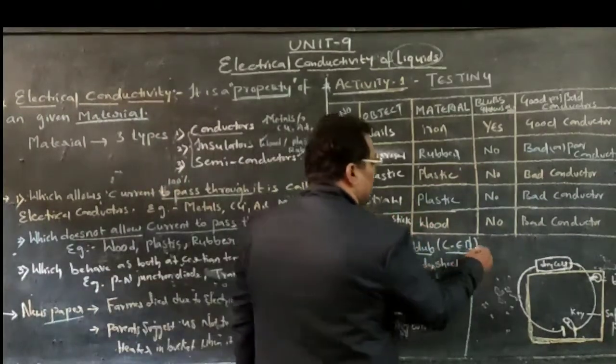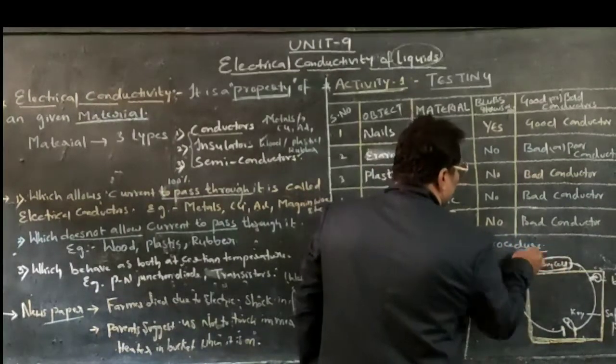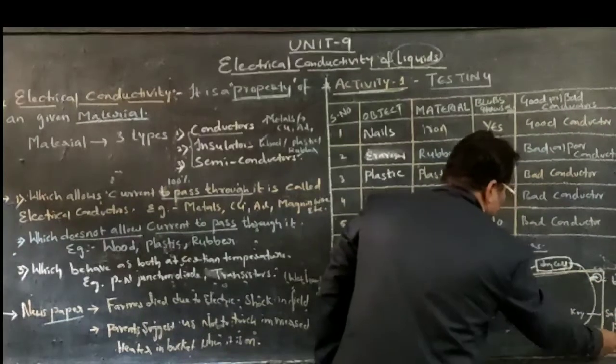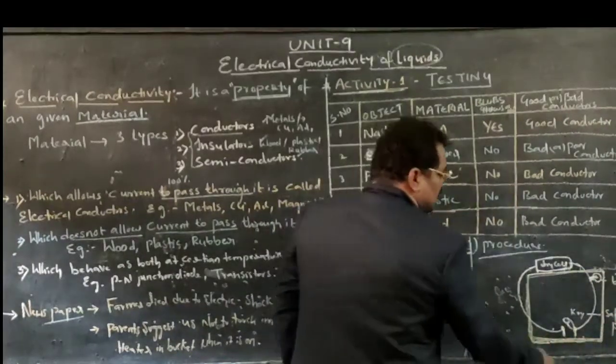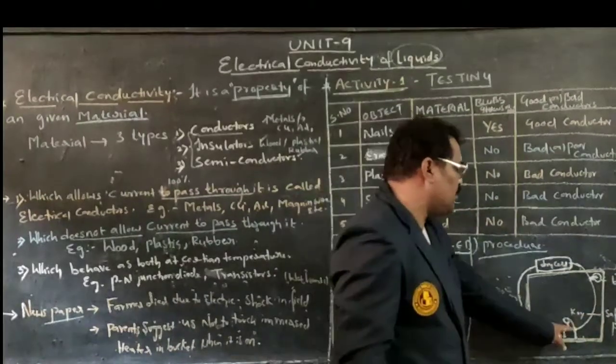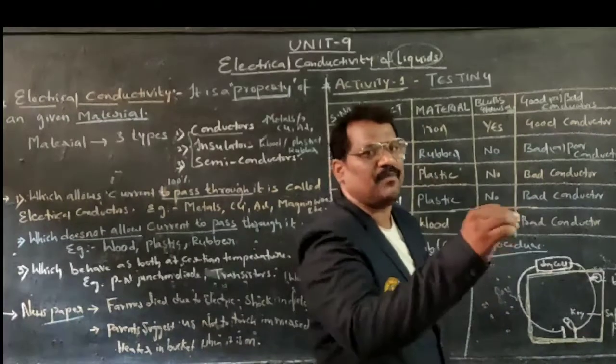First of all, before going to that, I will do the procedure. Take a wooden sheet and place it on the surface of the table. Fix 2 pins. On one particular pin, place the safety pin as a key.